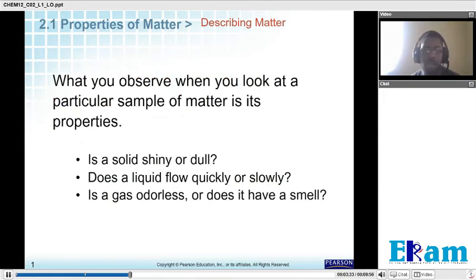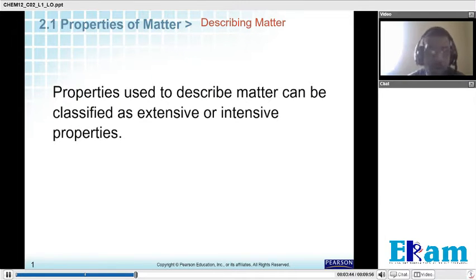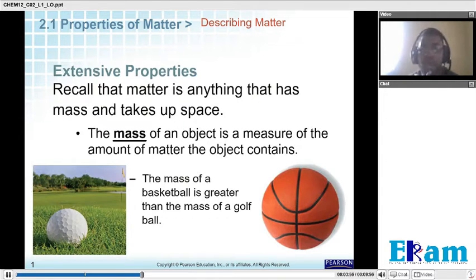You're also going to observe different things about the properties of solids, liquids, and gases. As we go through this course, you are definitely going to be aware of why matter behaves the way it does.